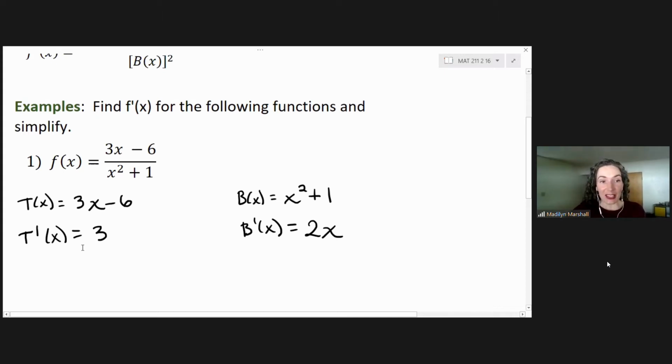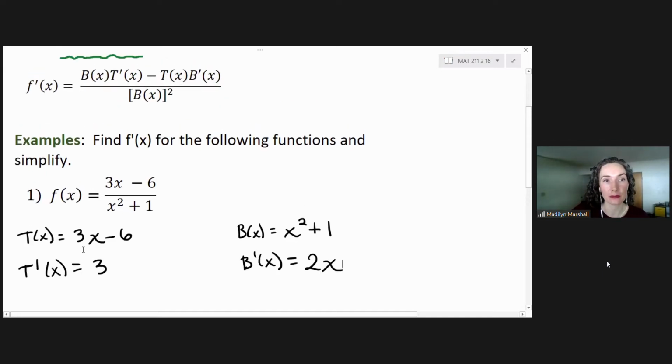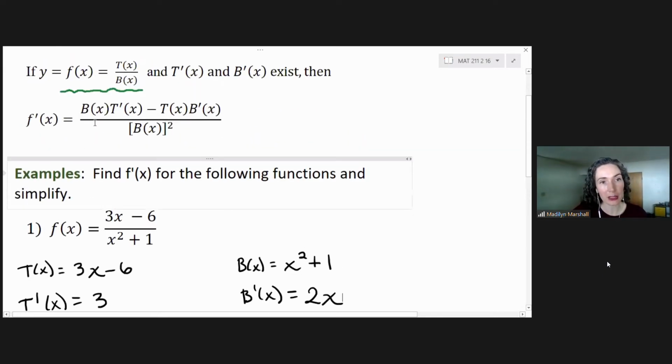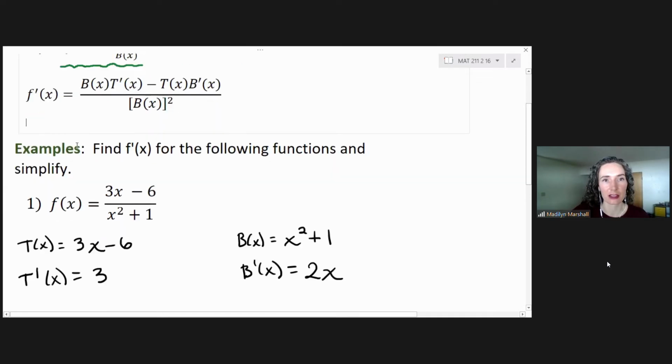So now our job is to put all of this into the quotient rule. I'm going to rewrite the quotient rule down here, and I'm just going to write it in shorthand with just b's and t's and not the x's, just to make it a little shorter.